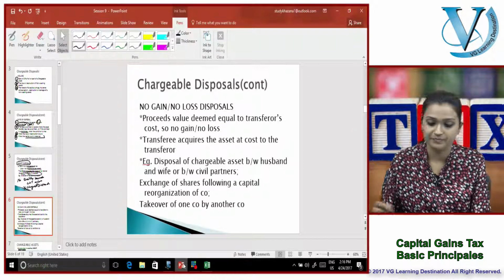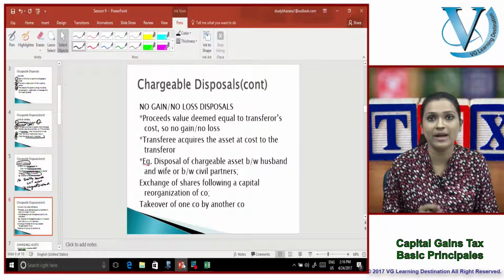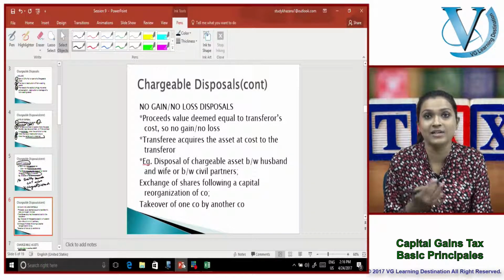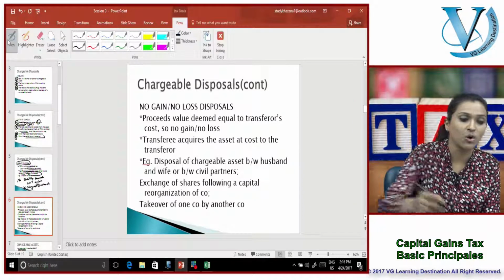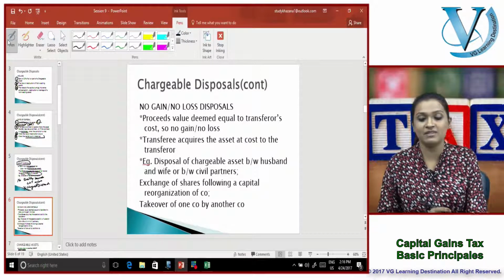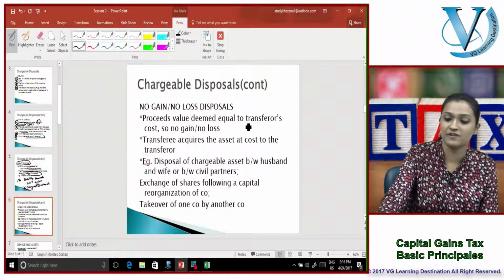Let's have a look at situations wherein there is going to be no gain, no loss for such a transfer, thus not resulting in any capital gains tax liability. No gain, no loss disposals happen when the proceeds are deemed equal to the transferor's cost.